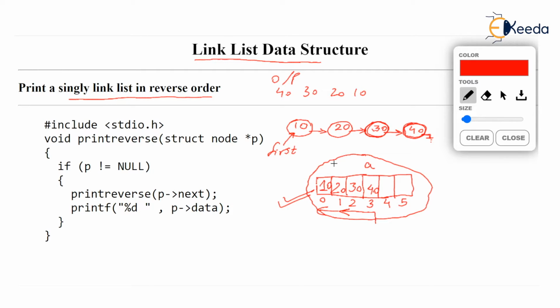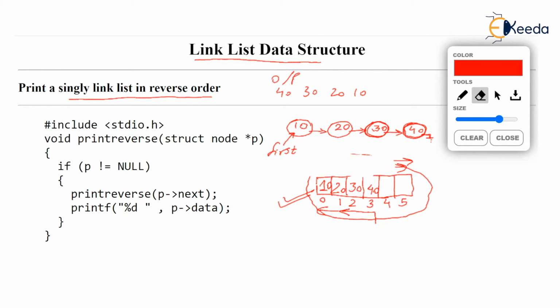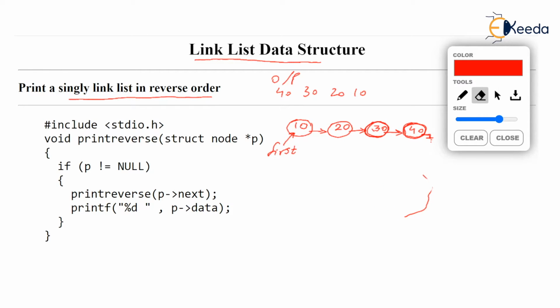Just imagine you have got a linked list of, let's say, 10,000 nodes, and you want to print it in reverse order. Then you will have to reserve extra space of 10,000 locations in the memory just for printing the linked list in reverse order. So although this solution is correct, no doubt, it is not used regularly for solving the problem of printing a linked list in reverse order.